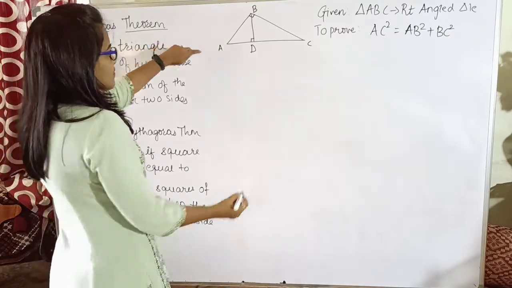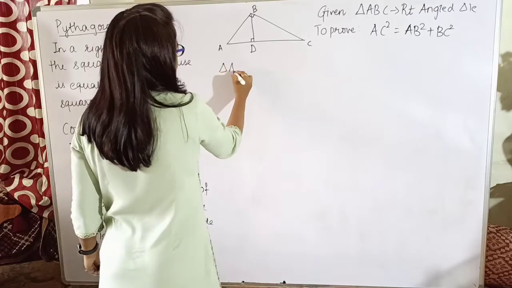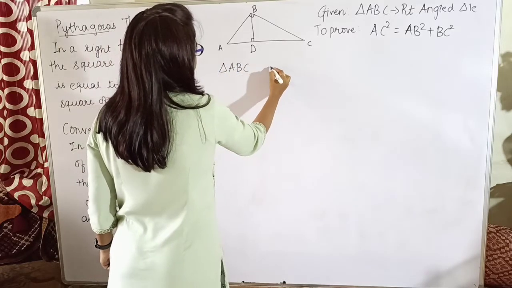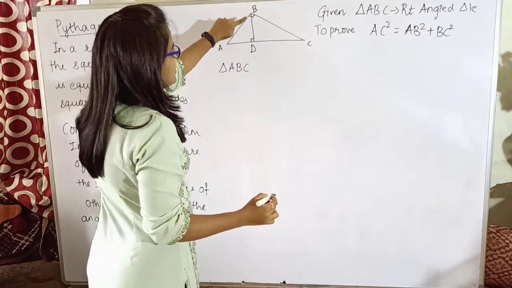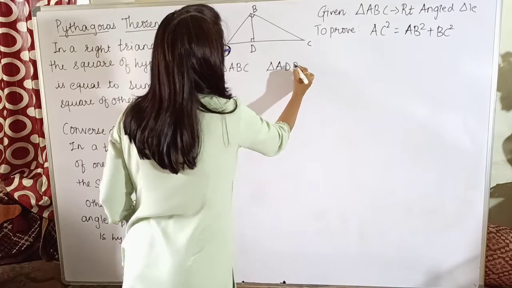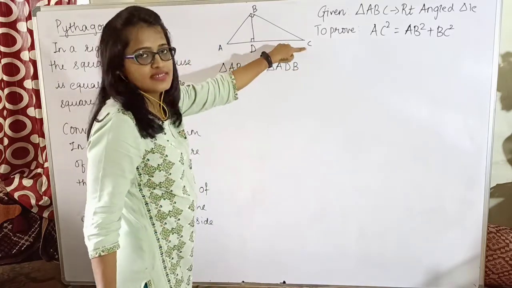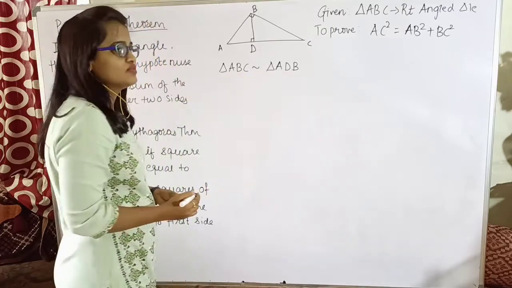Now triangle ABC and triangle ADB, they are similar to one another. Why?